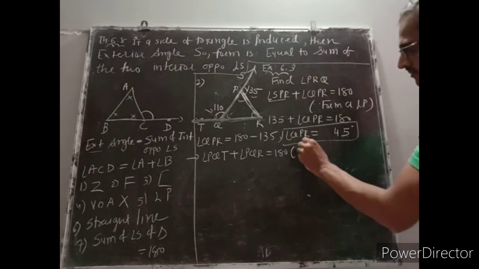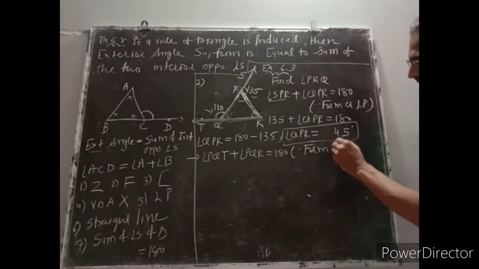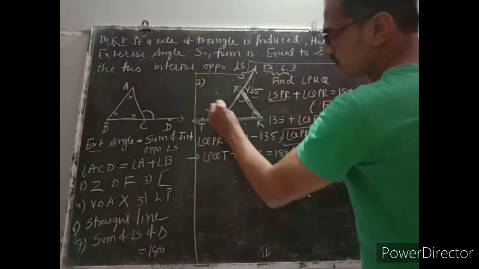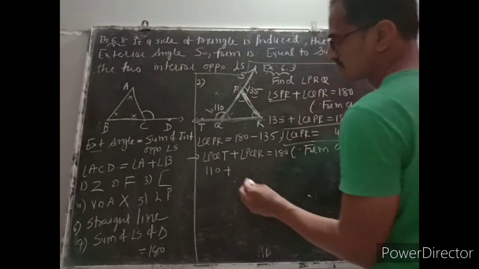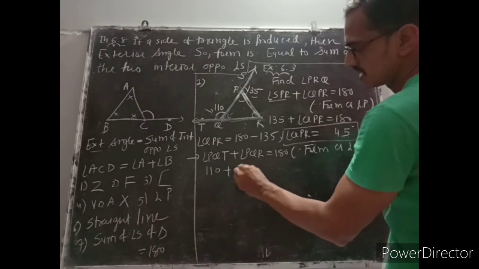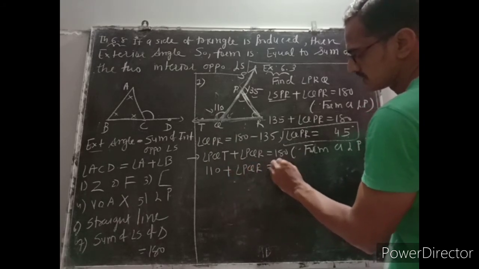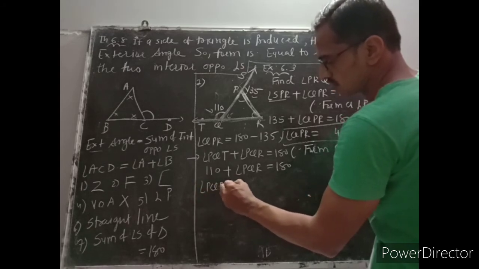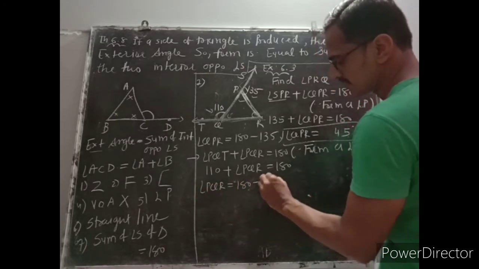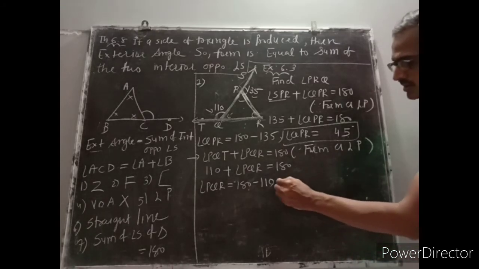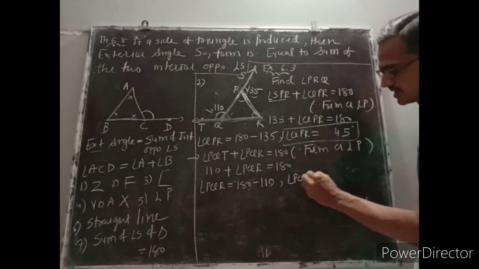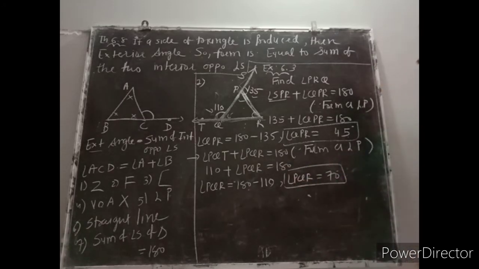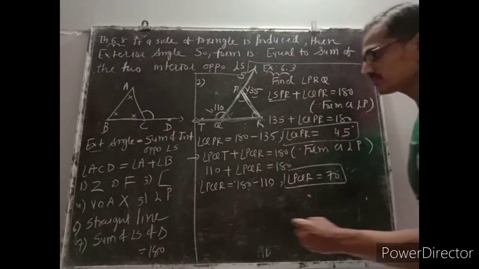Reason: form a linear pair. PQT 110 plus PQR 180, shift this 110, so we'll get PQR equals 180 minus 110, so PQR is going to be 70 degree.